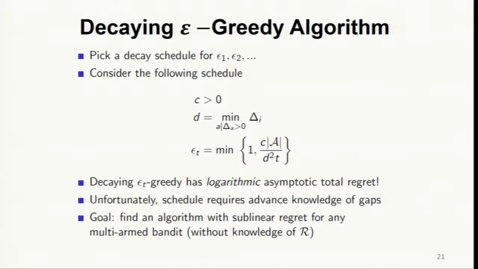So minimum 1. When this one is greater than 1, it is still 1. Okay? So decaying epsilon has logarithmic asymptotic total regret. Unfortunately, the schedule requires advanced knowledge of the gaps. So we want to find an algorithm with sublinear regret for any multi-armed bandit problem without knowledge of the gaps.